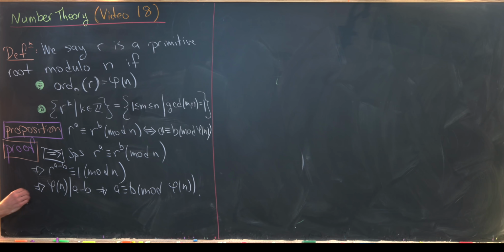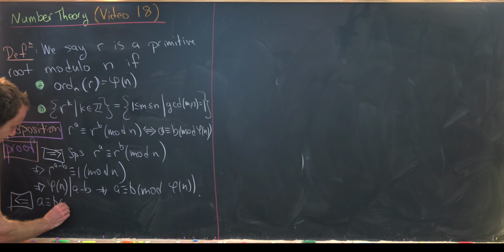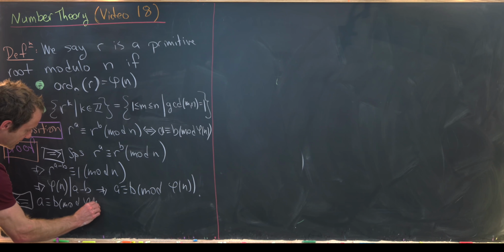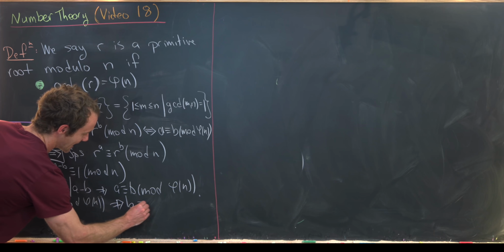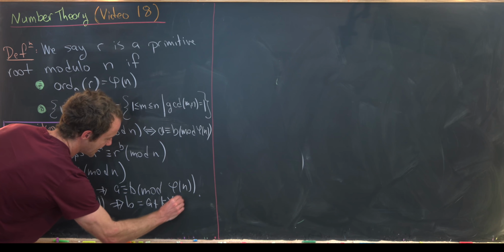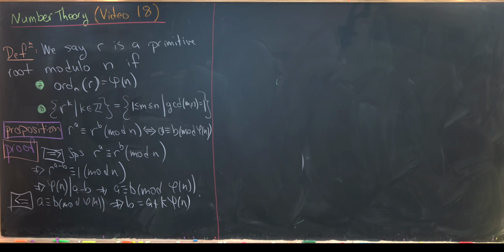Then how would we do the reverse direction? Well, it's essentially the same idea. So if we start with A is congruent to B mod phi of n, then that means that we can write B as A plus k times phi of n.